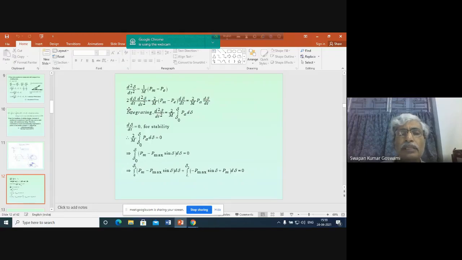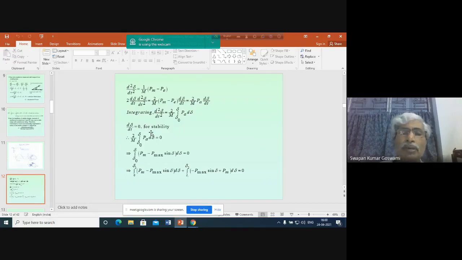Now you integrate. What you obtain is d delta dt squared equal to 2 by M integration from delta 0 to delta of Pa d delta. Now what is d delta dt? d delta dt is the rate of change of angle, that is, the speed above or below synchronous.